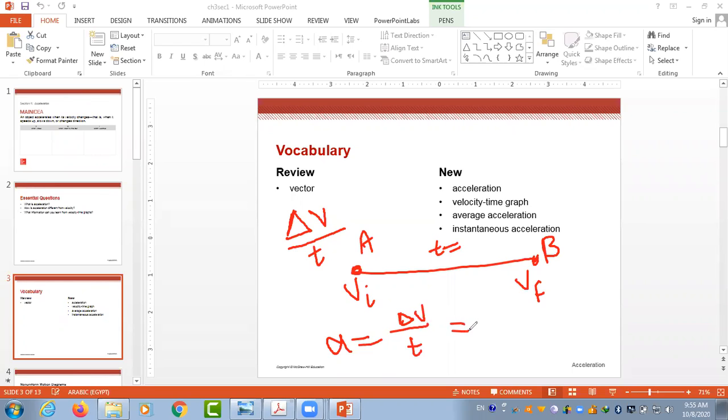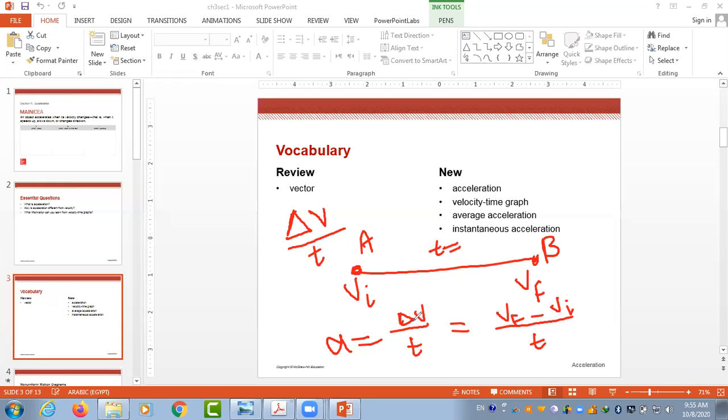And the change in velocity, how did we refer to it before? A change like displacement, a change in position, delta x equals xf minus xi. The same way here, it will be Vf minus Vi over the time. So what is Vf? Final velocity. What is Vi? Initial velocity. Displacement is final position minus initial position.